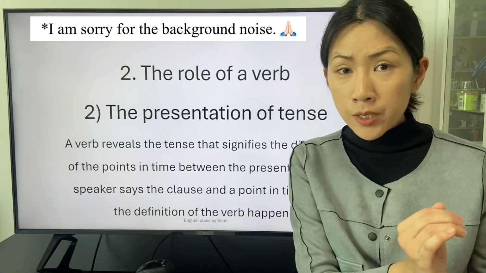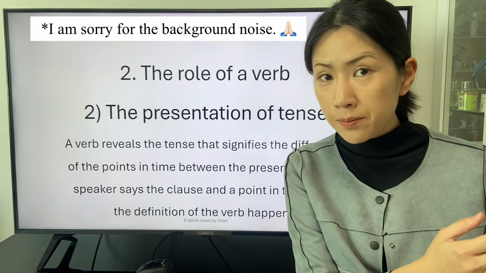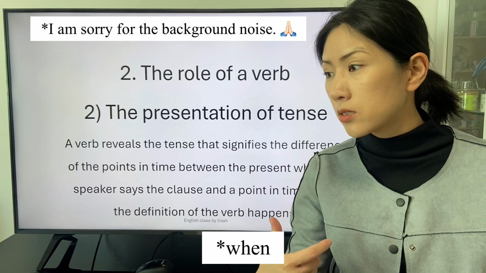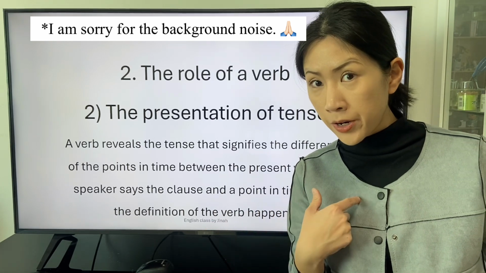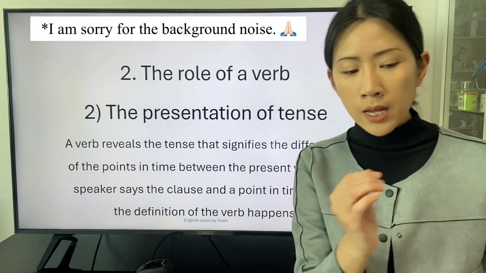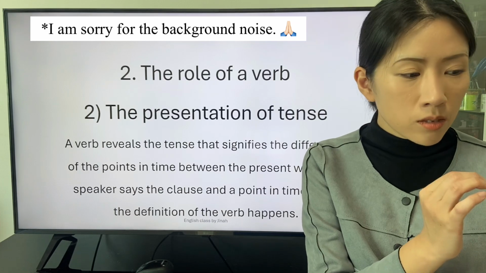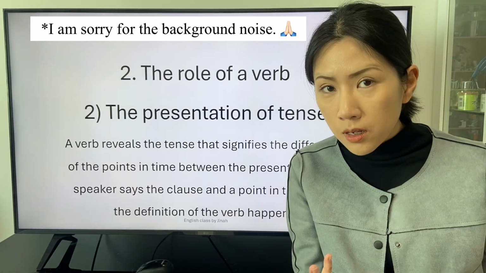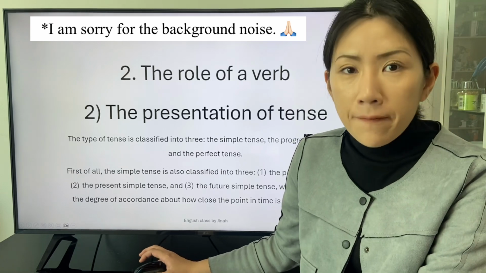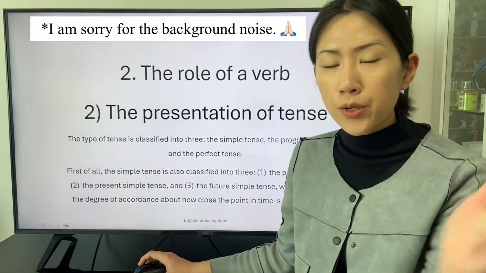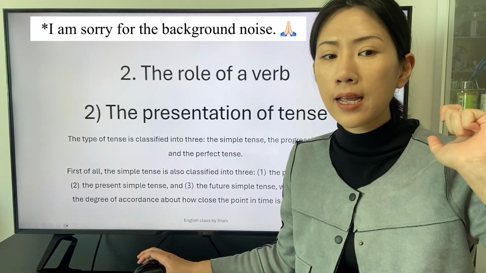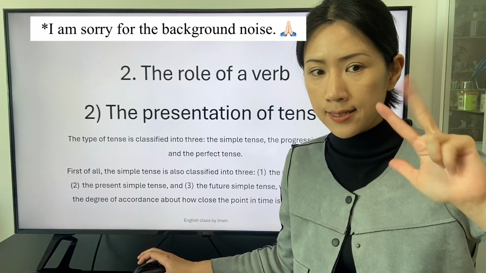And the other point in time to compare with the present, the conversation between the speaker and the listeners, is when the definition of the verb happens. The type of tense is classified into 3: the simple tense, the progressive tense, and the perfect tense.